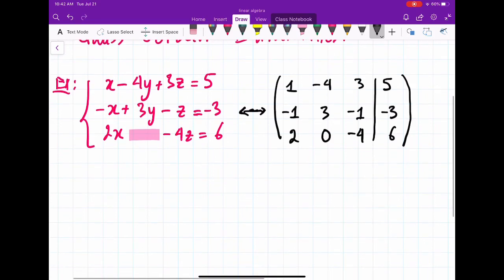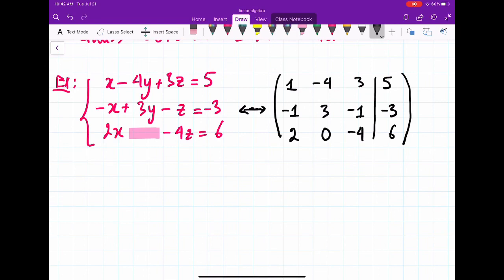Last time we already solved something like that, okay? And let me repeat the main idea. The main idea is you pick the first equation, you solve for x or y or z, whatever you want. But in this case, let's choose x. You solve for x and you plug that into the second and the third. So you just eliminate the x in the second and the third equations.